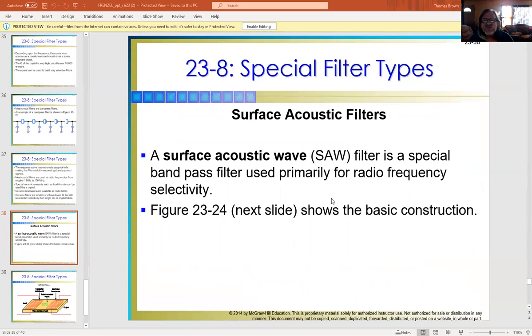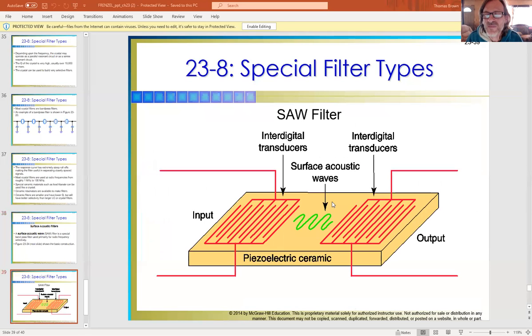Now, one thing they use in radio and when dealing with radio frequencies is something called a SAW, a surface acoustic wave filter. It's a built part. They actually have a certain style to them.